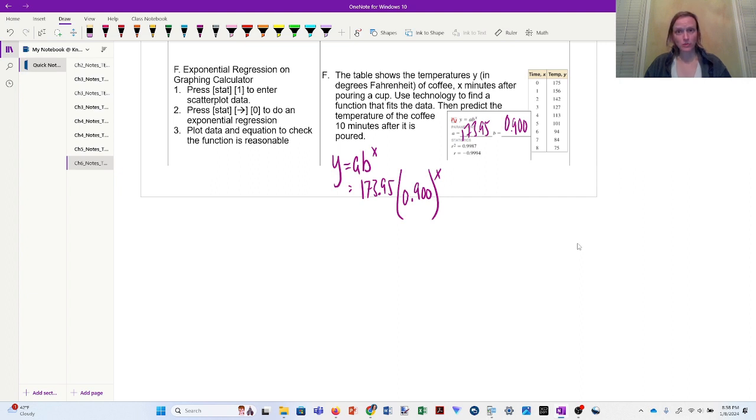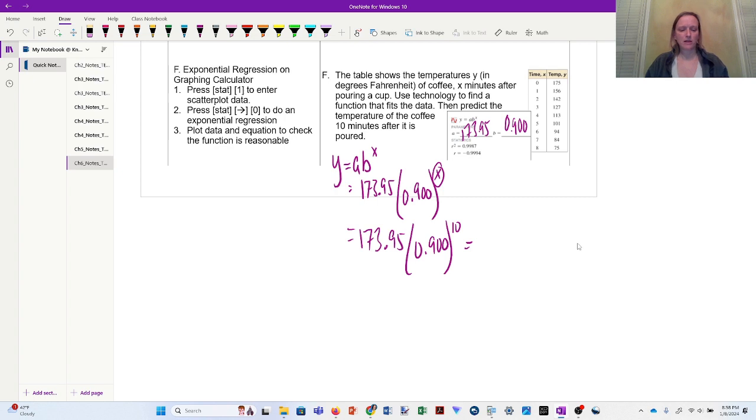We haven't quite finished with this question yet, because we're supposed to use this equation to predict the temperature of the coffee 10 minutes after it was poured. So I'm going to plug in the value of 10 where my x is up here. So I'll have 173.95 times 0.900 to the 10th power.